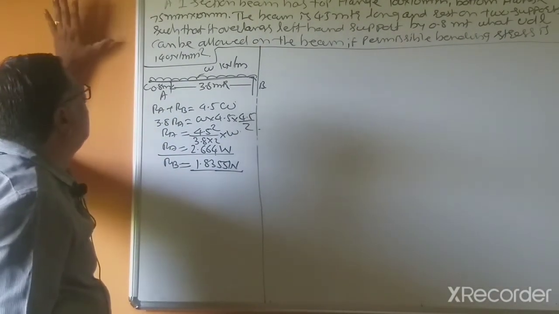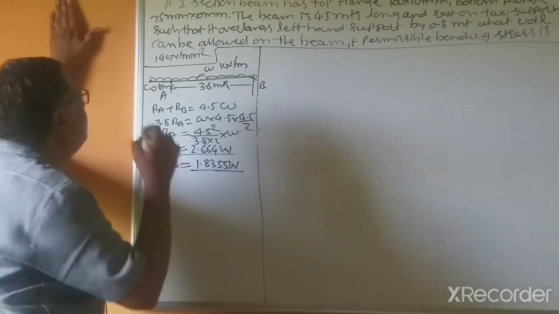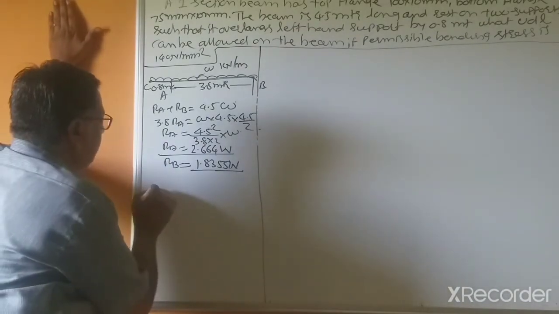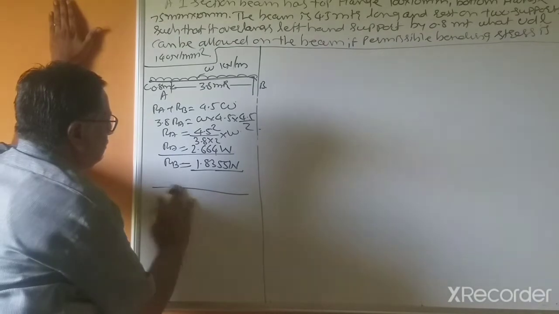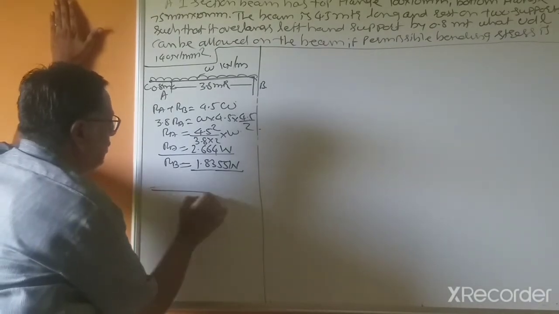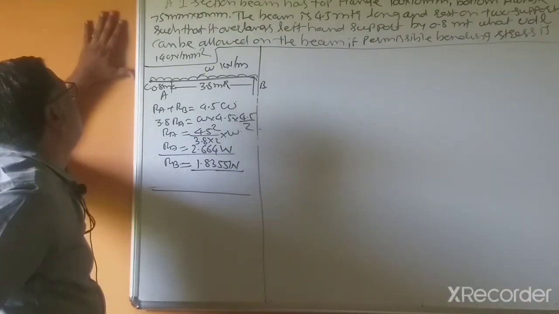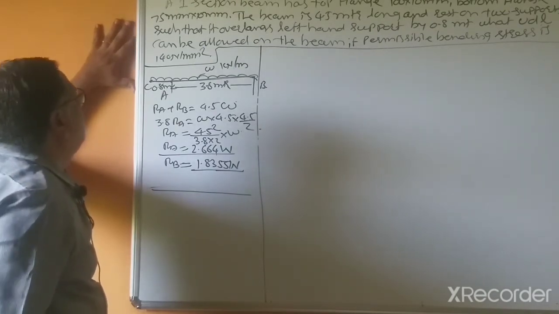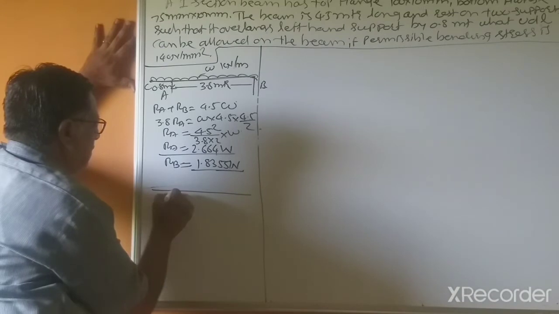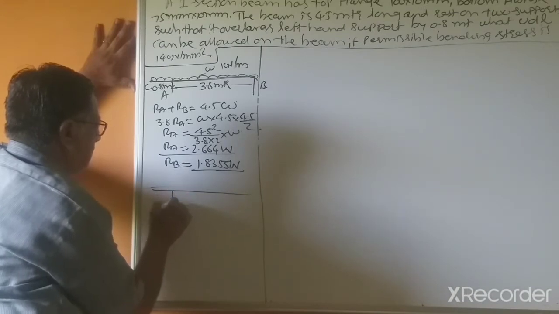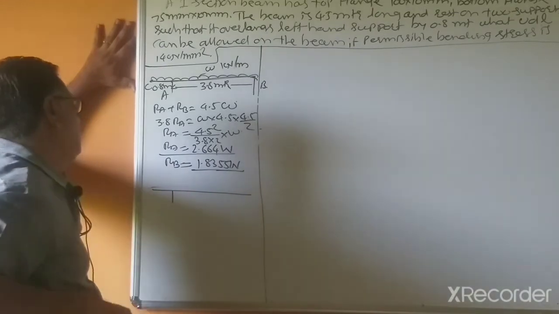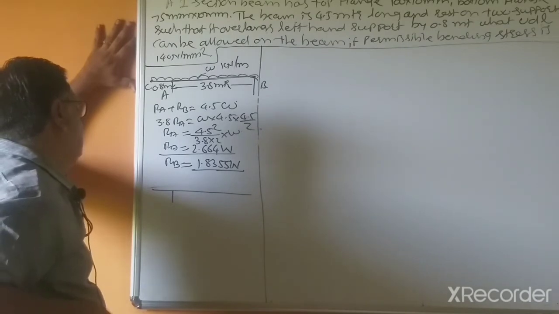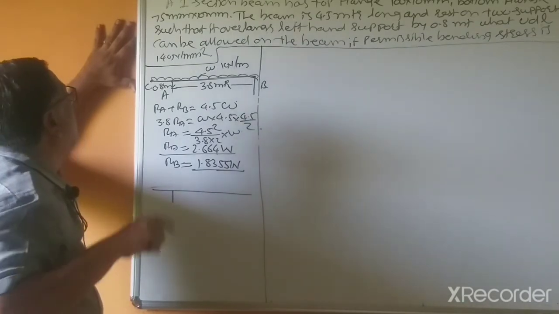Now draw the shear force diagram. First, 0.8 into W downward.